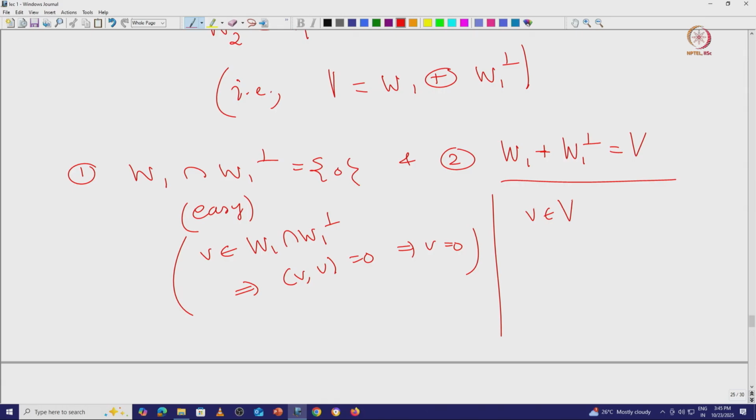So, given a vector v in V, we need to find the sum w1 plus w2, where w1 comes from W1 and w2 comes from W1 perp. To make this choice of w1, we can simply take the orthogonal projection of v on W1.